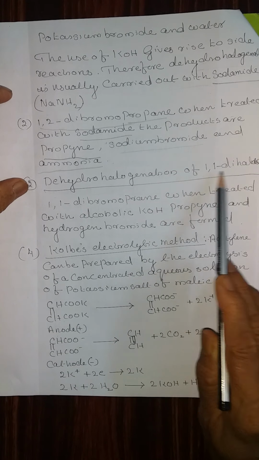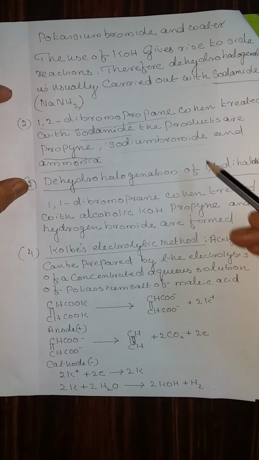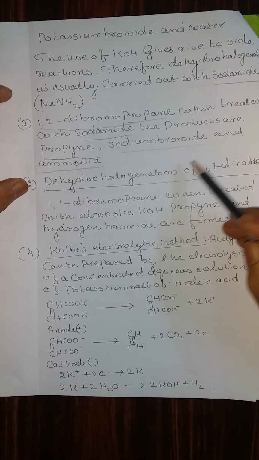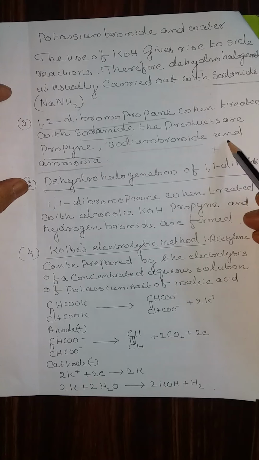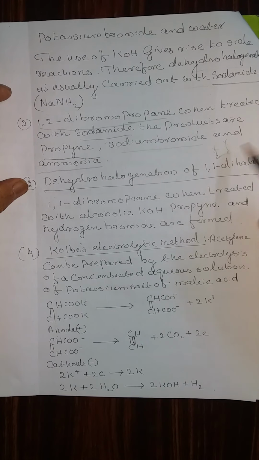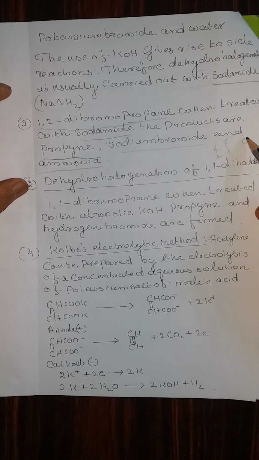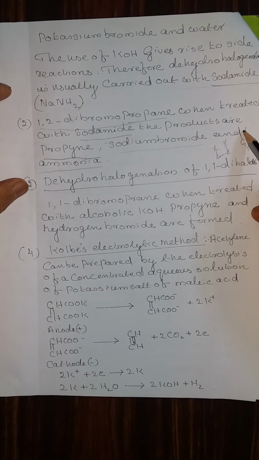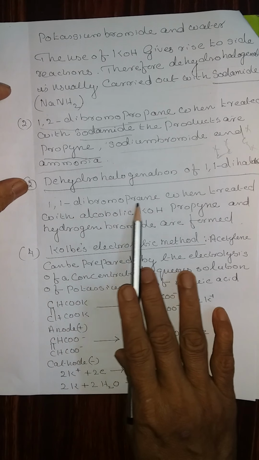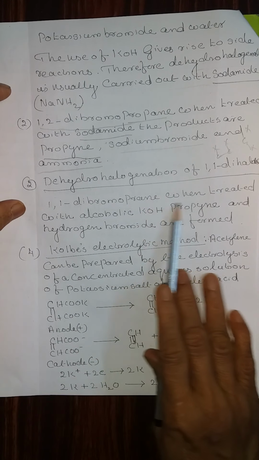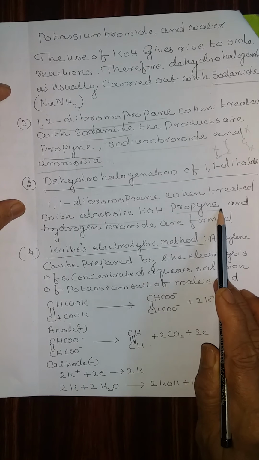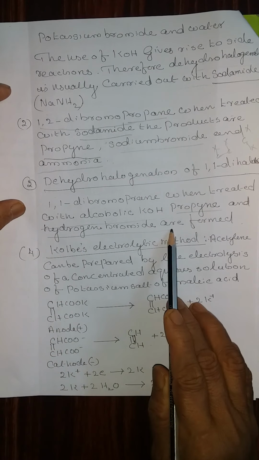Next is dehydrohalogenation of 1,1-dihalide. That means the halogen groups are on the same carbon atom. The first one, the vicinal halide, has halogens on carbons very close to each other. But now, if two halogen groups are on the same carbon atom, 1,1-dibromopropane when treated with alcoholic KOH gives propyne and hydrogen bromide.